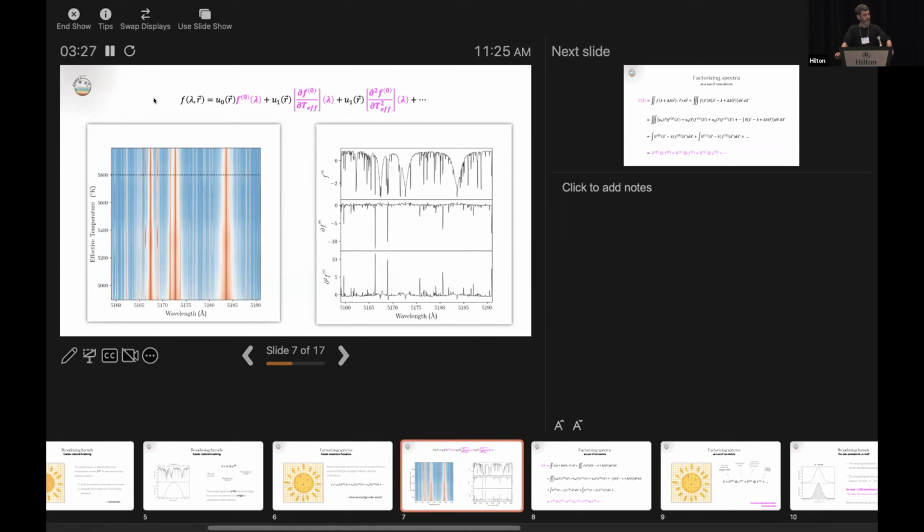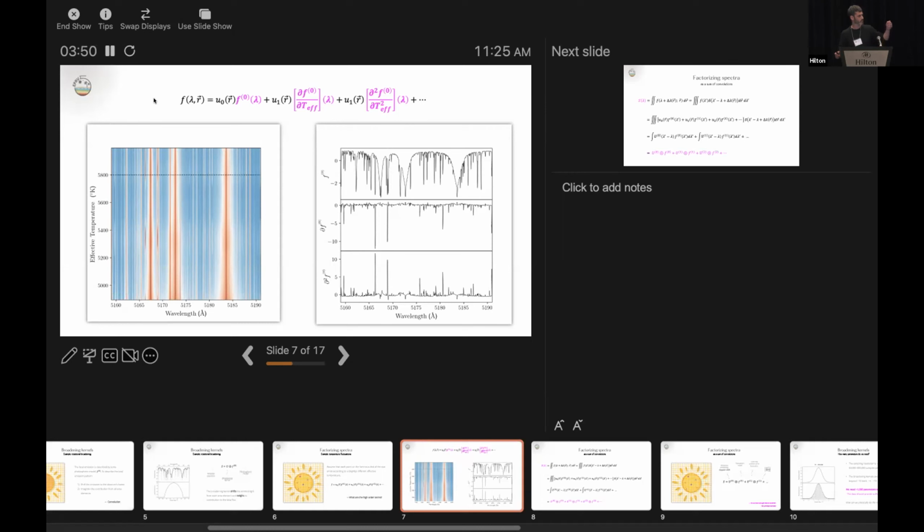The dotted horizontal line represents the zeroth template. The top panel shows how a regular template would look, and these two are the first two derivatives with respect to the effective temperature. And what we see is that there are lines that respond very quickly to changes of temperature, while other lines don't.